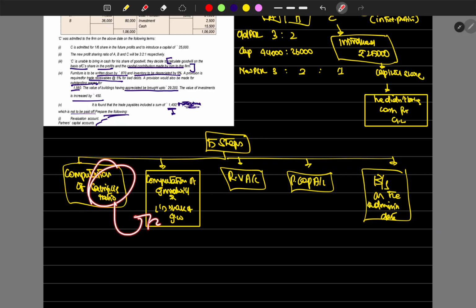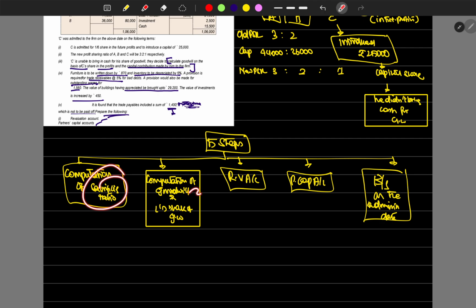How much goodwill has been sacrificed by the existing partners to the new partner. No, the new partner is taking goodwill from the old partners, right? For that, the new partner will pay the amount to the old partners. For that we have a journal entry, and then we have to compute.